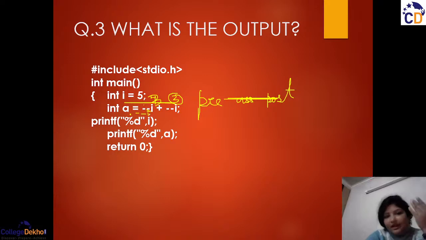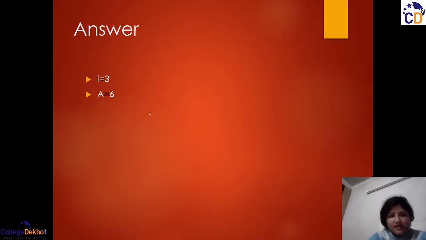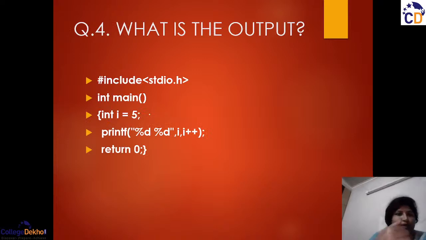But if again I write the value of I minus minus I, the value would be 2. So this is how it first performs the pre-increment or pre-decrement operation. It first performs the computation, then it is assigned to the variable. So here we will be having 3 plus 3, 6, so a will be holding the value 6.